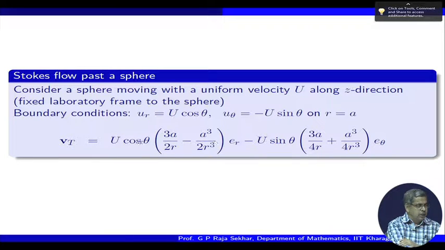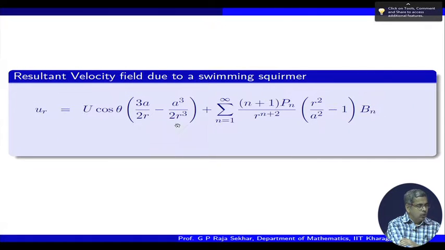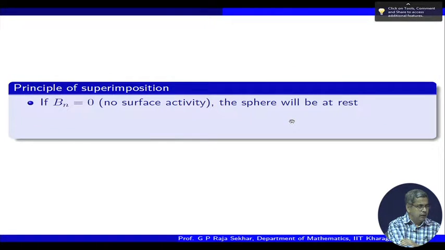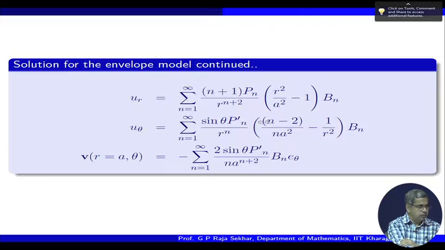Correspondingly, this is Stokes flow past a sphere, this is the flow past a sphere solution that we have computed, and this is the squirming solution, which is exactly these two, because already we have eliminated one of the arbitrary constants.